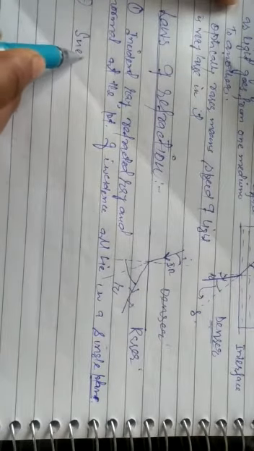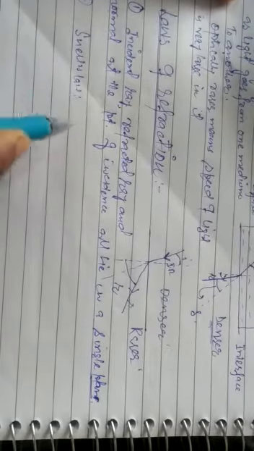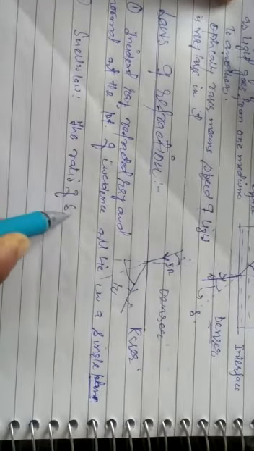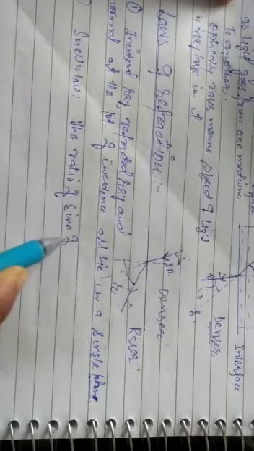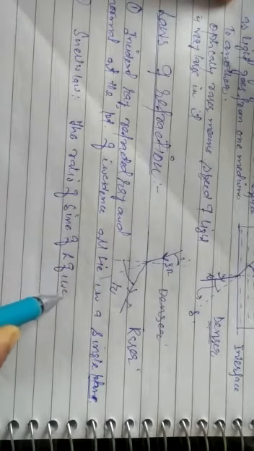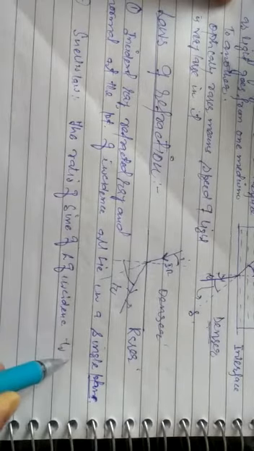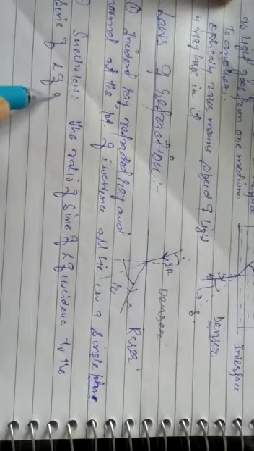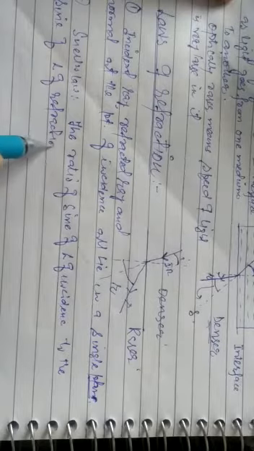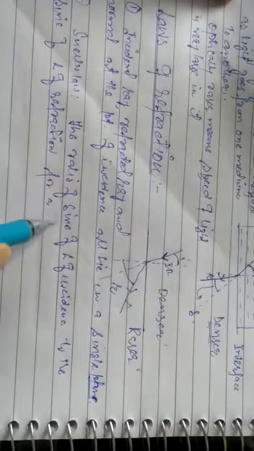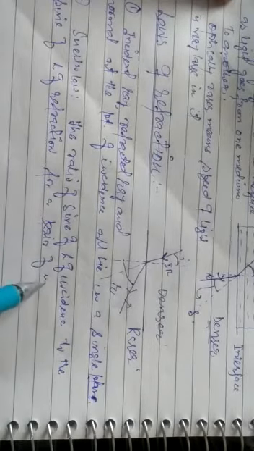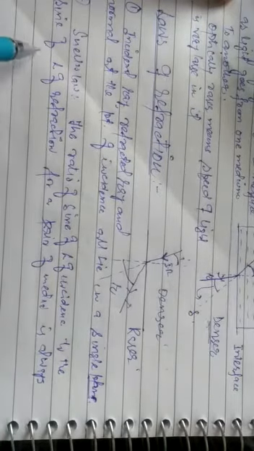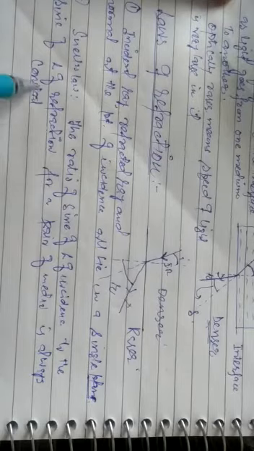It states that the ratio of the sine of the angle of incidence to the sine of the angle of refraction for a pair of media is always constant. You have to understand what this law actually means.